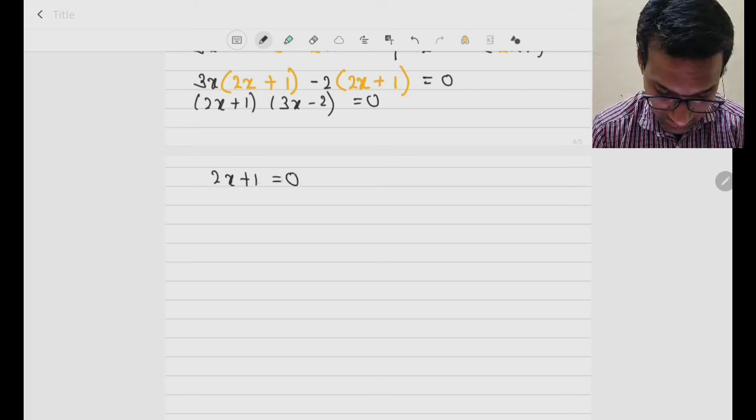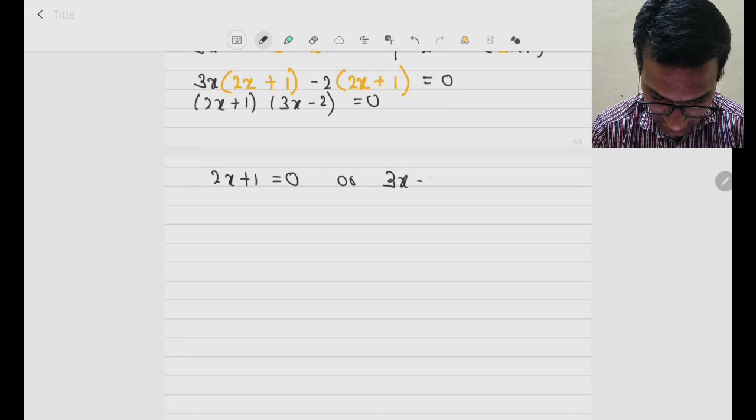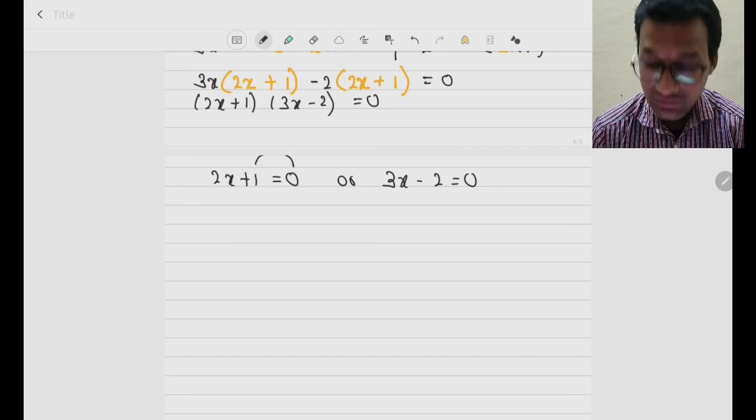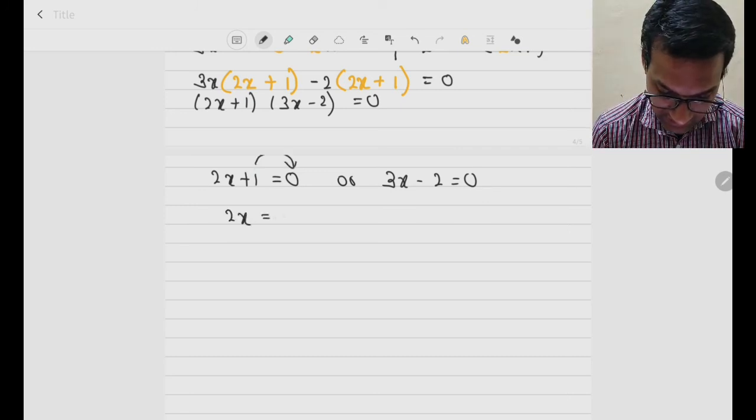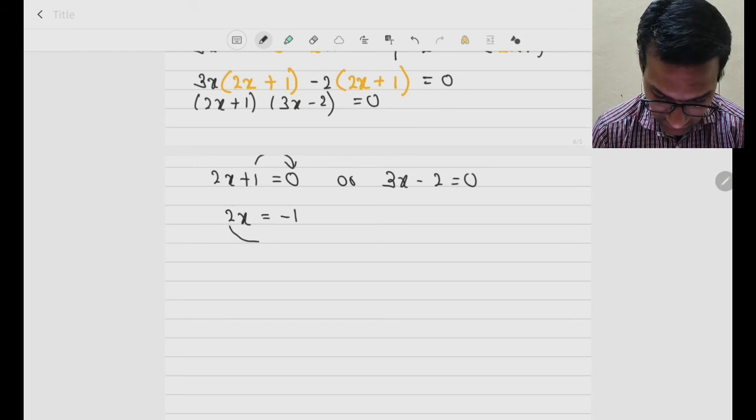Now what we need to do? We need to take 2x plus 1 equal to 0, or 3x minus 2 is equal to 0. So now first we will send this 1 on the other side. We will have 2x equals to minus 1. Then we will send this 2 on the other side.